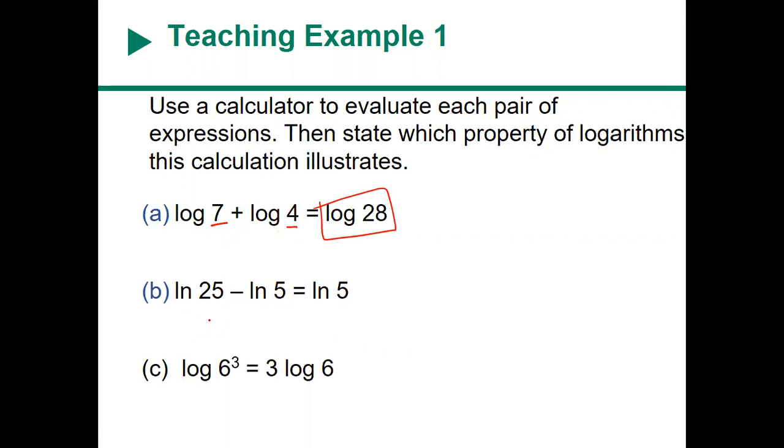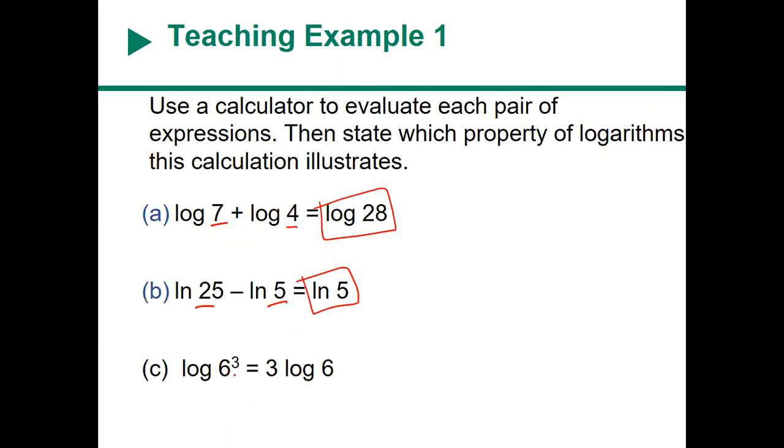Same thing here. I'm subtracting two natural logs. Instead of putting two natural logs in the calculator, I'm going to divide 25 divided by 5, and I get 5. And this is all I have to input in the calculator. On some calculators, it's not easy to access the power. So most times you may only have the square or whatever.